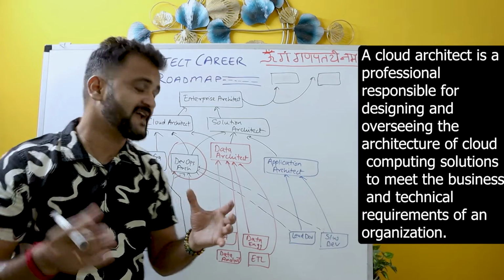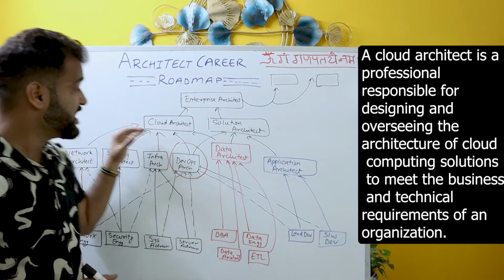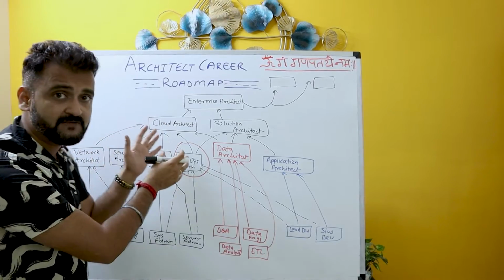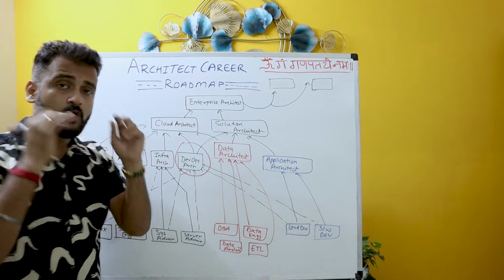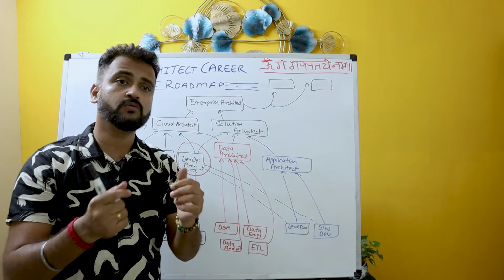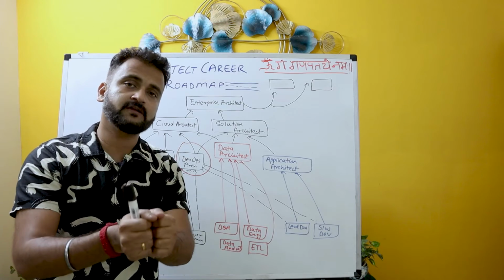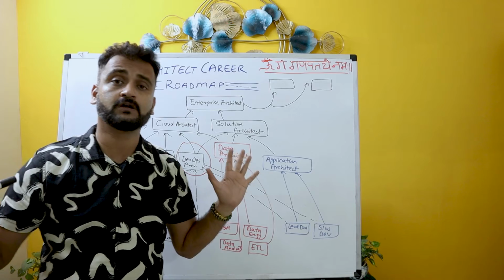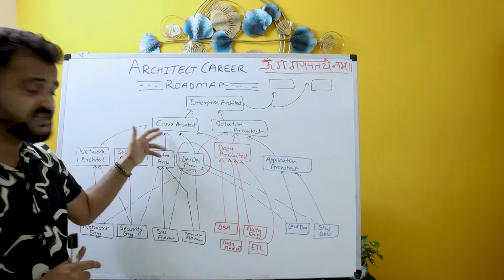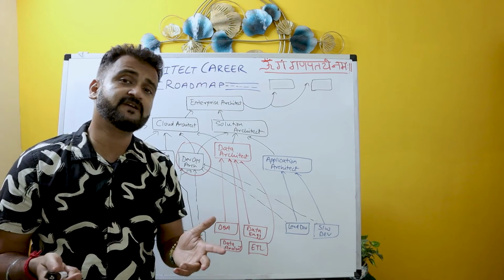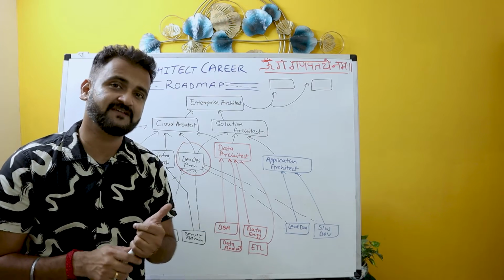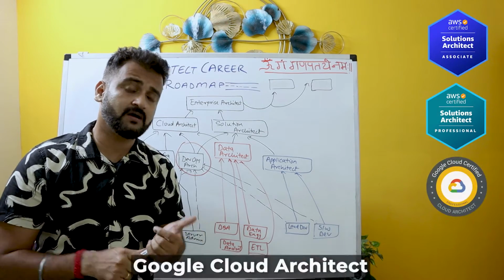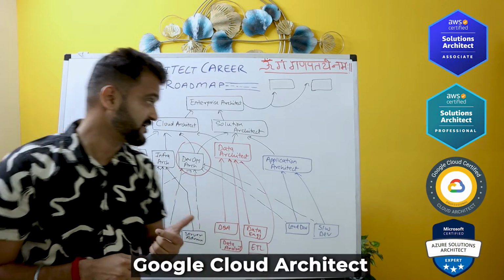It could be that a network architect or a security architect might be working with him, but he would be the person who would think and strategize how to design your solution on cloud using all kinds of different cloud tools. And that's why you see all kinds of different certifications. Architect certifications are very, very important: AWS architect, Google Cloud architect, Azure architect.